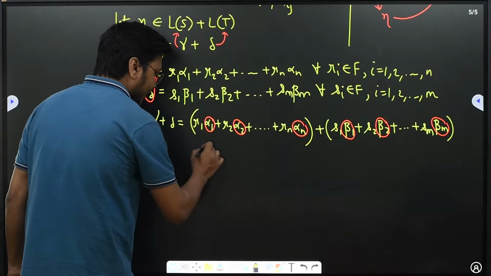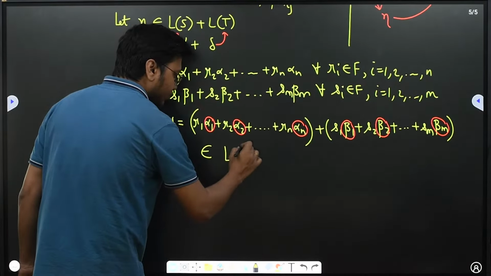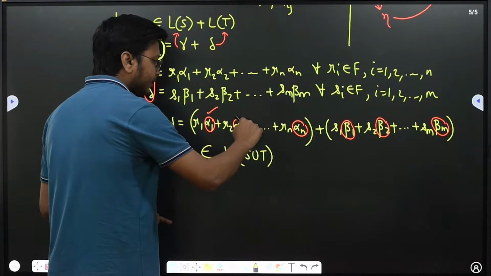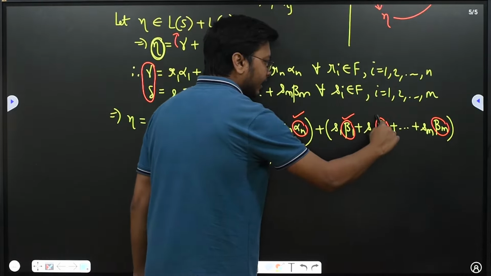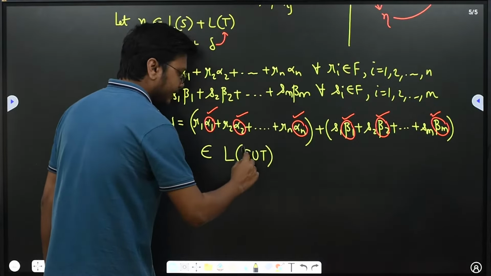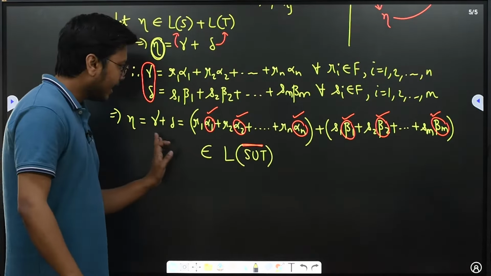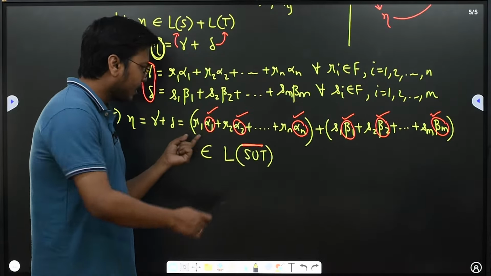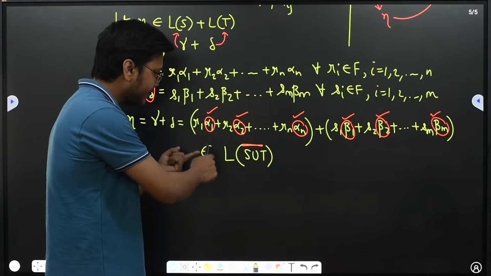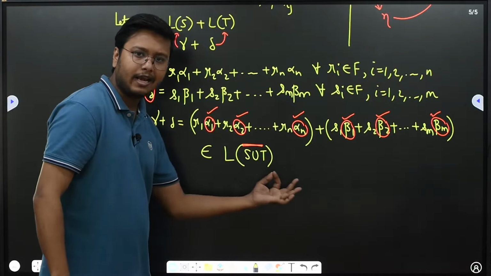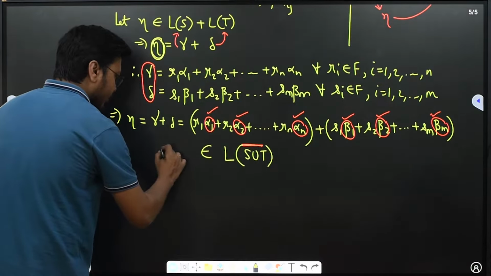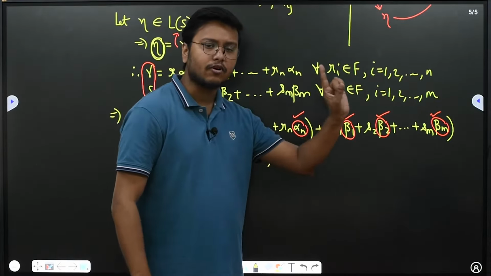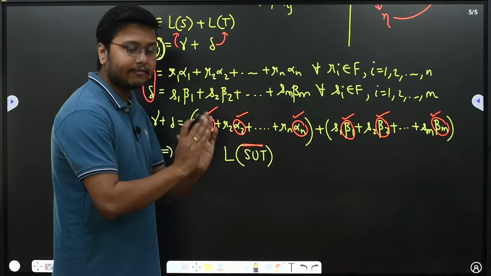So I can say that this belongs to L of S union T, because all the elements that I've circled here are elements of the S union T set, and since this is a random linear combination, it must belong to L of S union T, right? So I have got eta belongs to L of S union T. This was our first thing that we wanted to show.